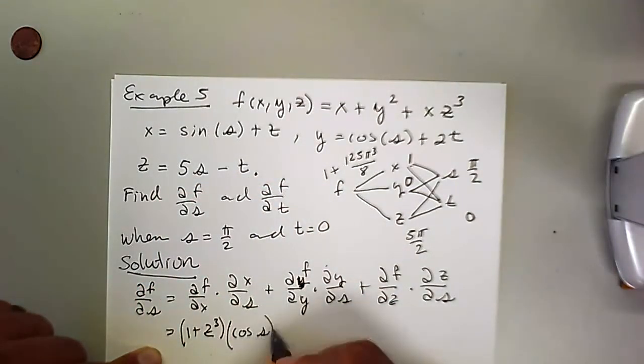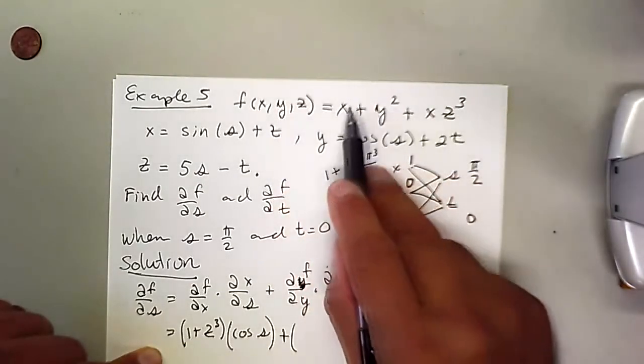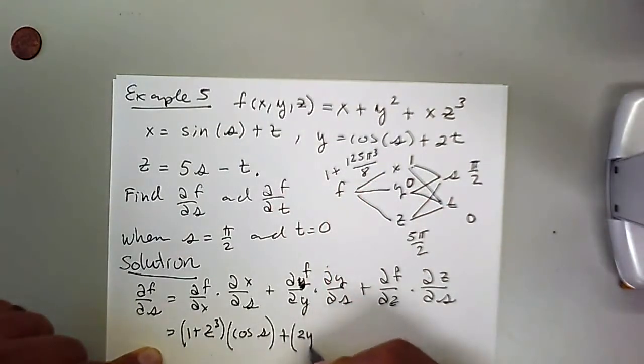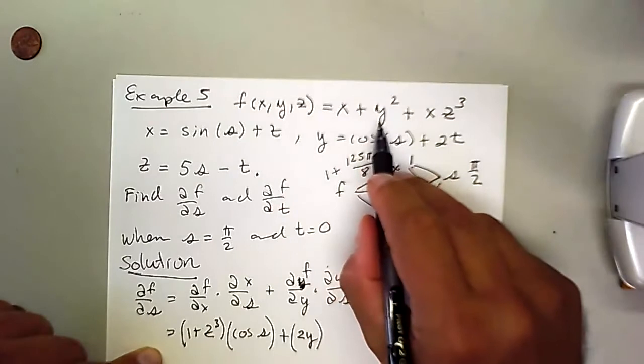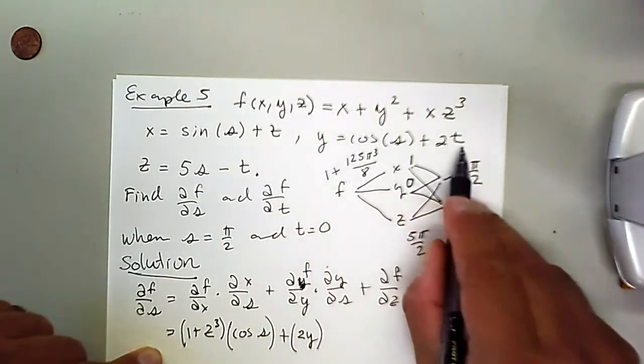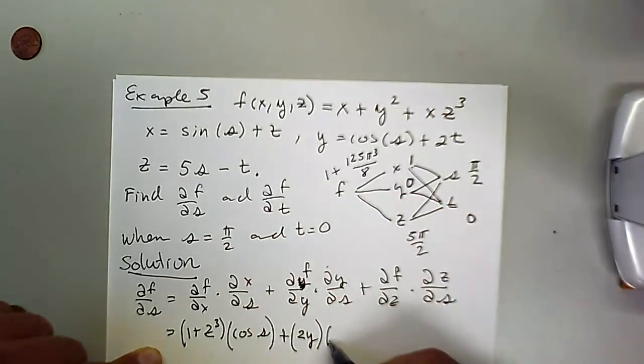Cosine s plus, going back to f, the derivative of that with respect to y. There's just a y there, to y, multiplied by the derivative of y with respect to s. The derivative of cosine is negative sine.